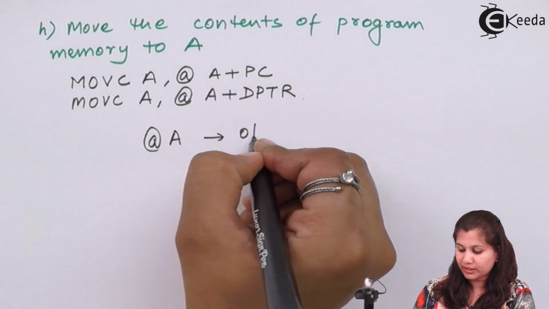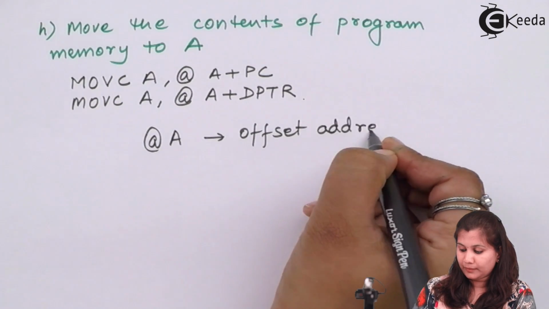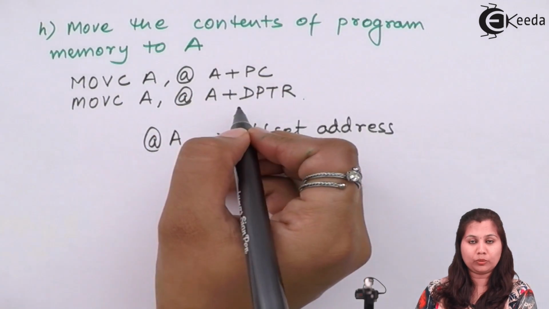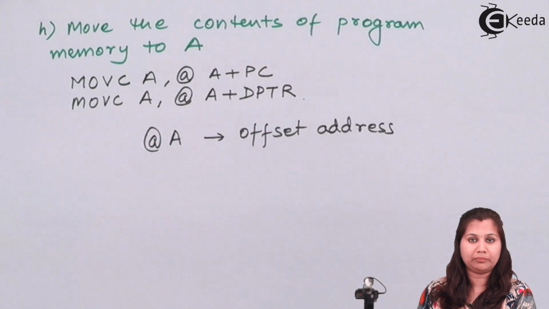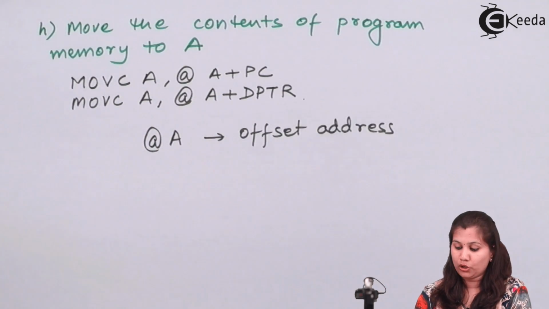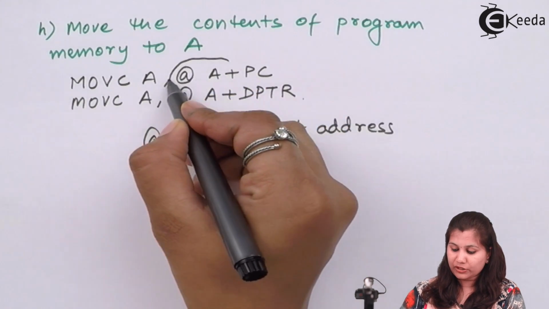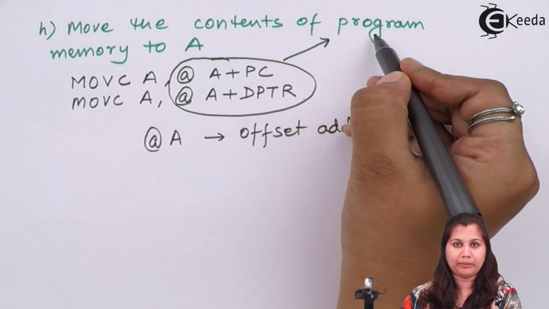A will have the offset address plus this data pointer or the program counter, they will be added. We will get the physical address of that memory location where the data is stored. That data will be copied into the accumulator. So this complete address is denoting the address of a memory location in the program memory.